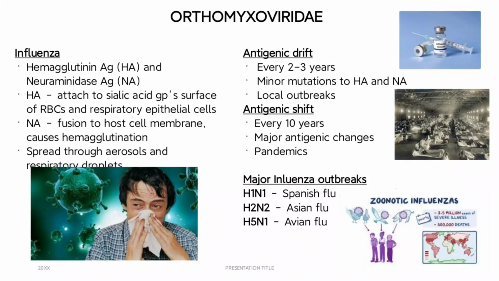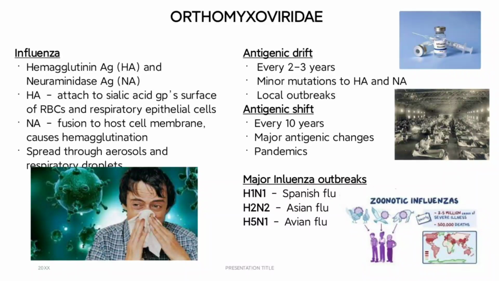Okay? Yung hemagglutinin antigen, they attach to the sialic acid of the glycoprotein's surface of the RBCs and the respiratory epithelial cells. So, yung hemagglutinin antigen niya, yan yung reason nag-a-attach yung virus sa mga surface ng RBCs tsaka ng mga REC.